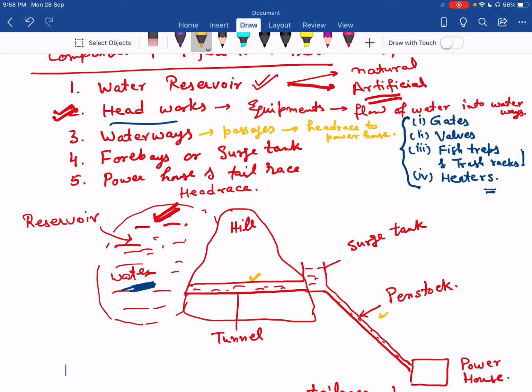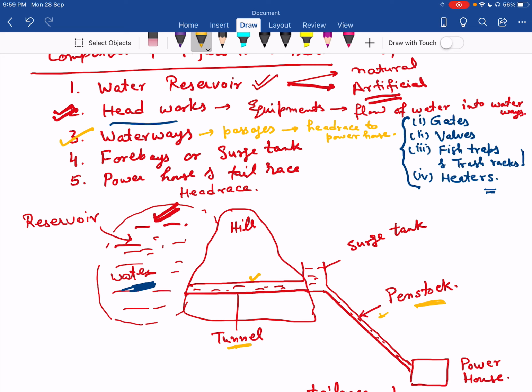Or if the distance between the headrace, or reservoir, and the powerhouse is less, then we can directly connect these two with the help of a penstock. The penstock is again one type of piping arrangement, made either from steel or from concrete depending upon the length and size of the pipes. So in waterways you have the tunnel and the penstock.